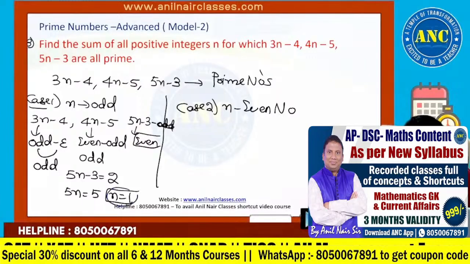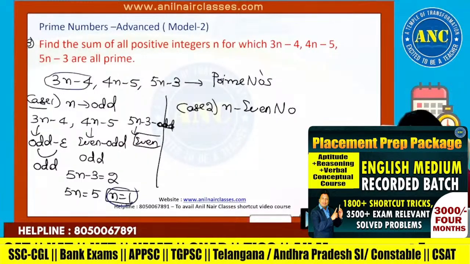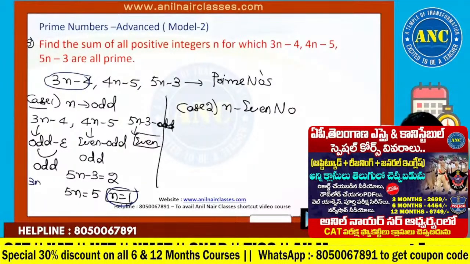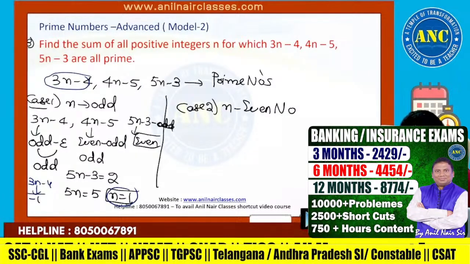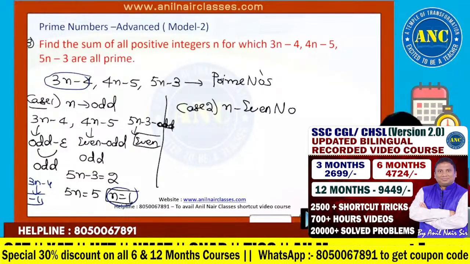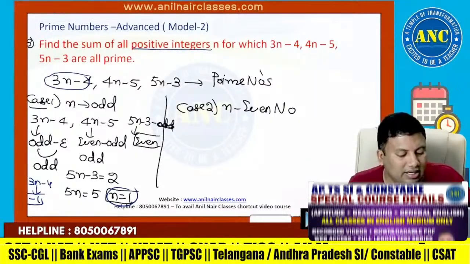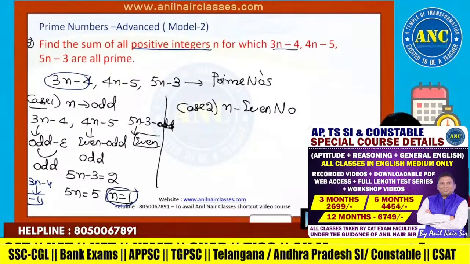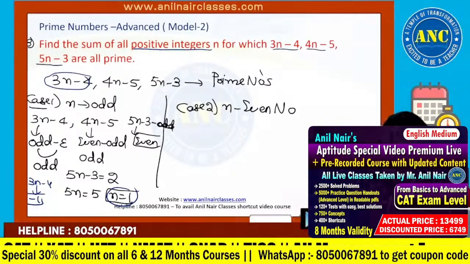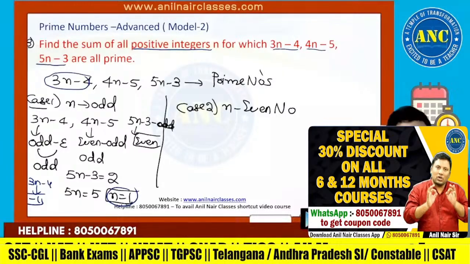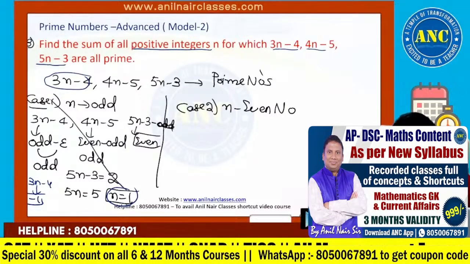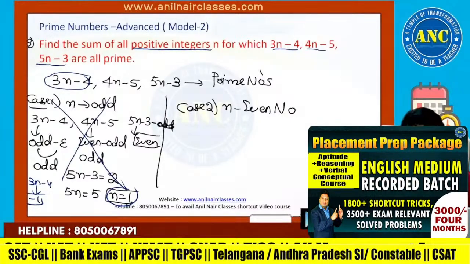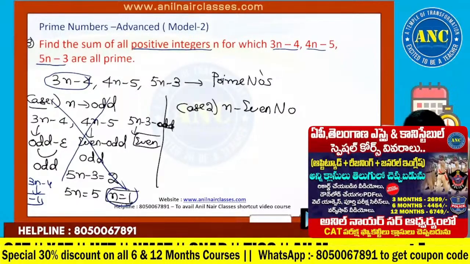If I take n equivalent to 1, I am getting 3n minus 4: 3 ones are 3, 3 minus 4 is minus 1. It is a negative number I am getting. But it is saying that all these numbers are prime numbers. Prime numbers are nothing but the numbers which are a subset of natural numbers. All should be positive. This case it is not possible.